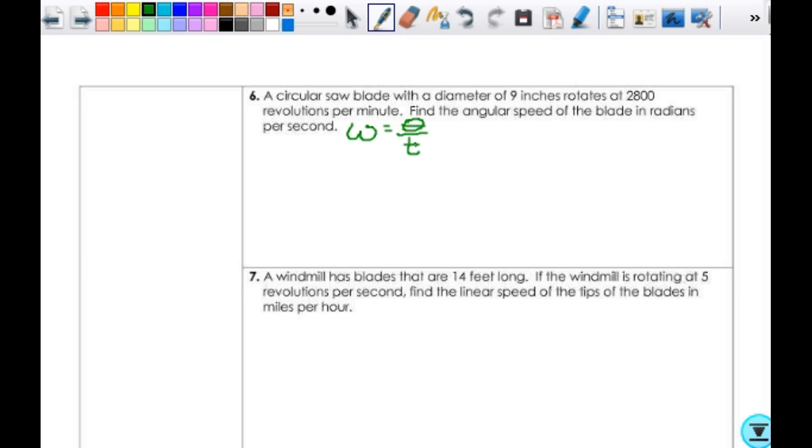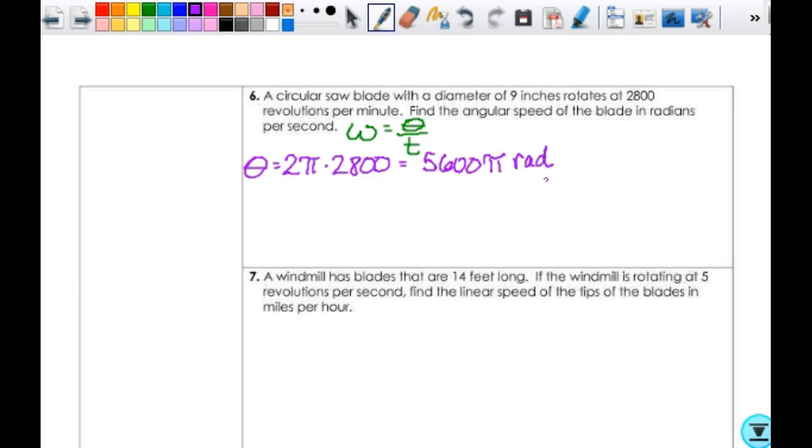No. I find theta by doing 2 pi times the revolutions, which are 2,800. When I multiply that, what do I get for theta? 5,600 pi. And this is my radians.